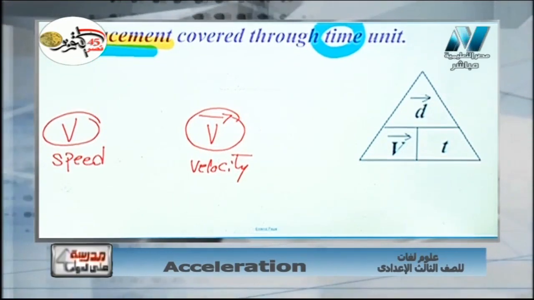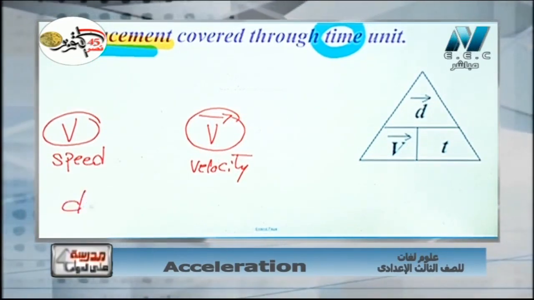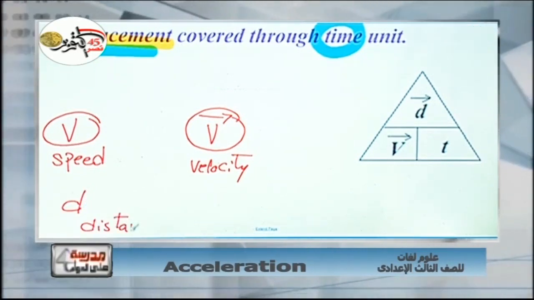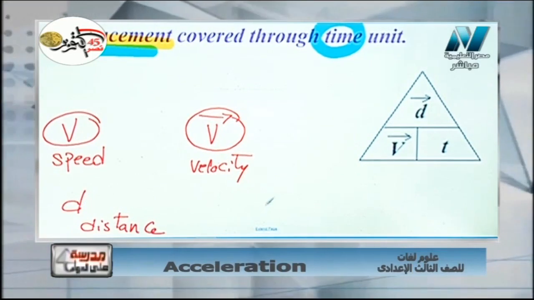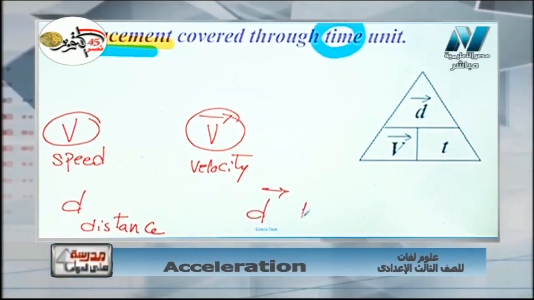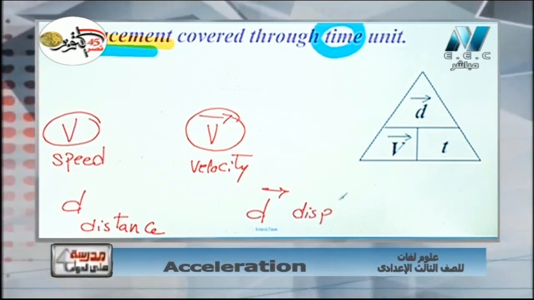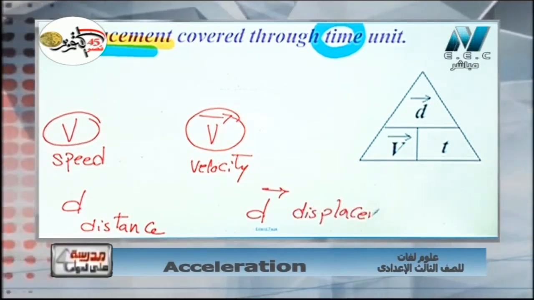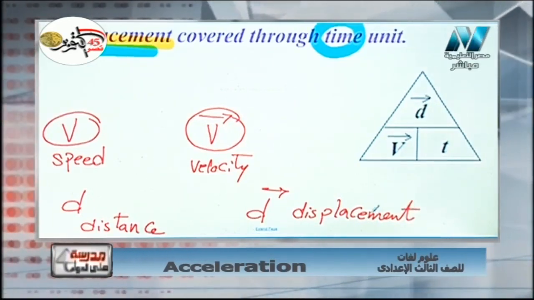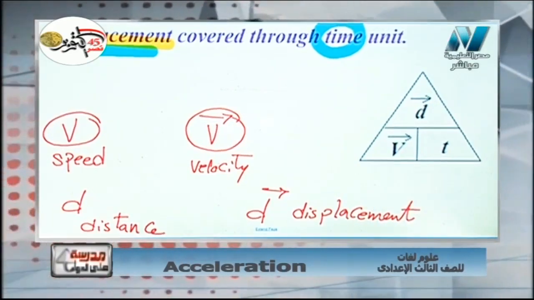So we have small d, which means distance, and here d with an arrow, which means displacement. Okay? So now we can differentiate between distance and displacement.